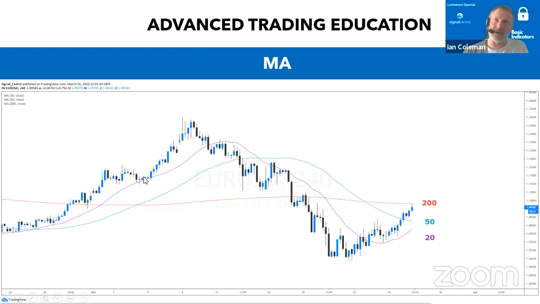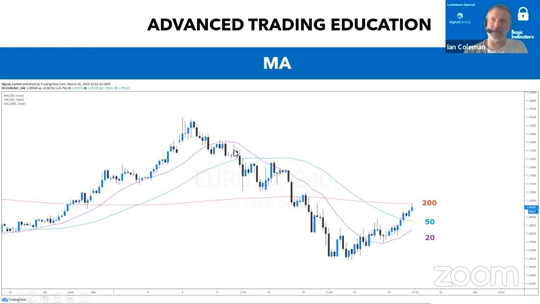And as I said previously, some will just use one moving average as support and resistance. So this is quite a good example. We've got the 20 moving average acting as support. It then gets broken here.